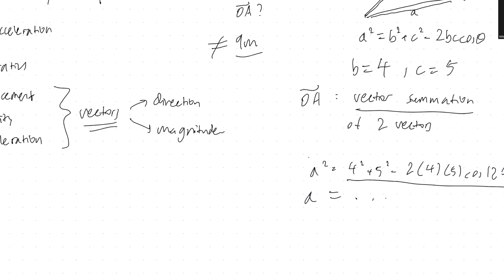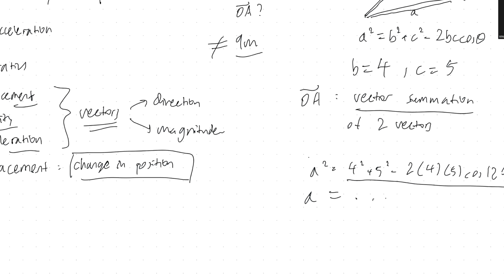Right, so now let's quantify what exactly these three things are. Displacement, of course, is the easiest to understand, as we've already mentioned. Displacement is simply a change in position. For example, just now we mentioned the example of the boy moving. So the boy moves some distance in some direction, that will be considered a displacement.